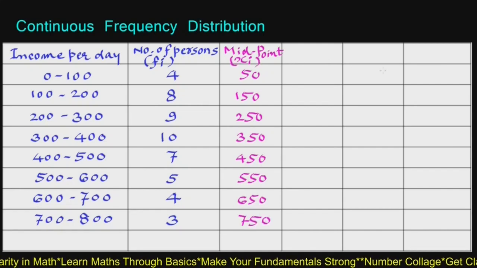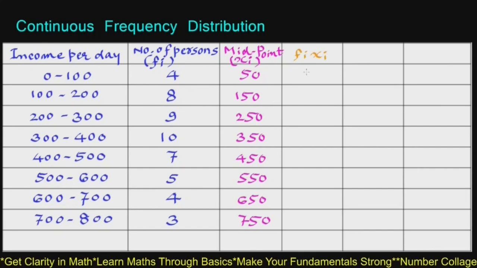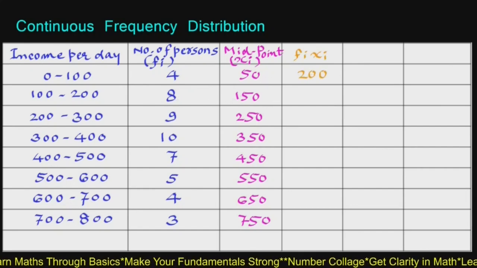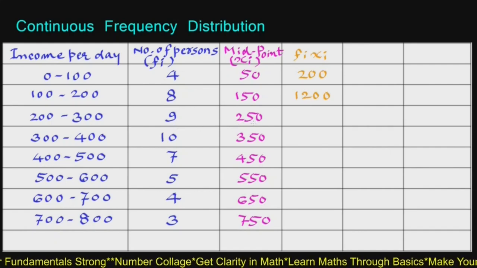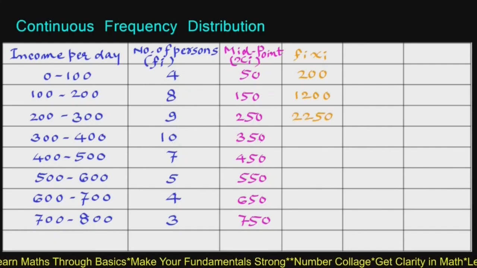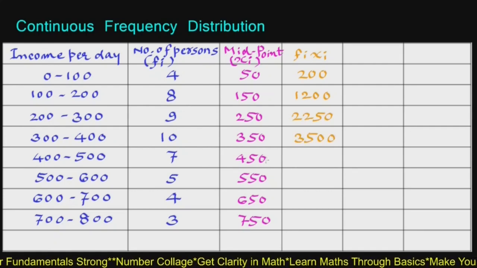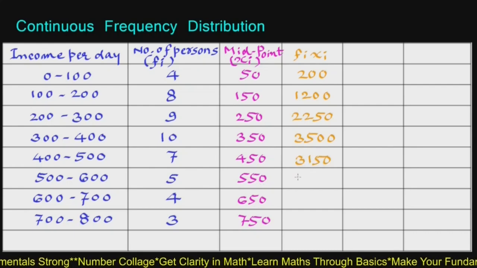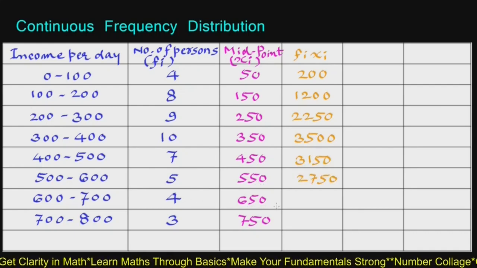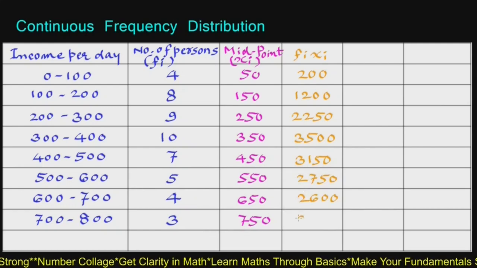Next we have to find the product fi xi, which will be 4 into 50, 200; 8 into 150, 1200; 9 into 250, 2250; 10 into 350, 3500; 7 into 450, 3150; 5 into 550, 2750; 4 into 650, 2600; 3 into 750, 2250.